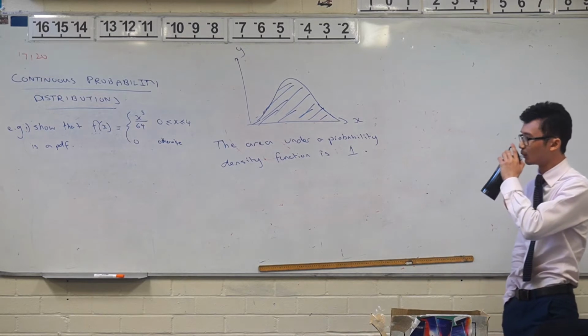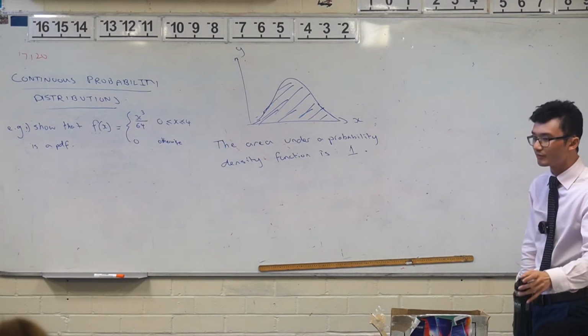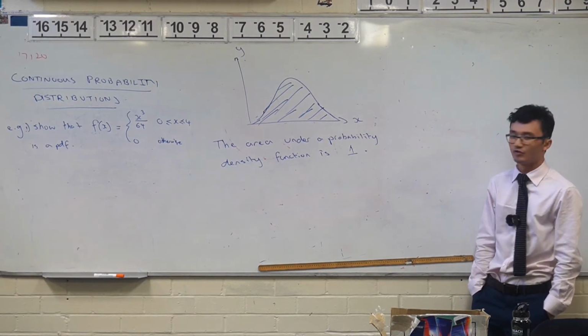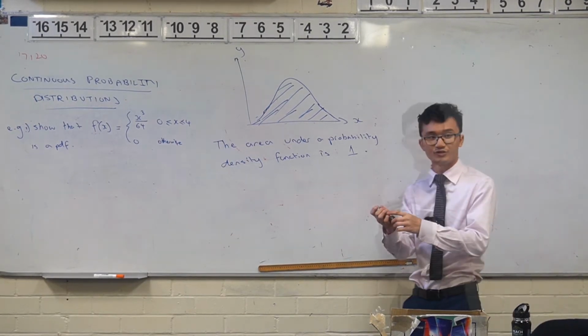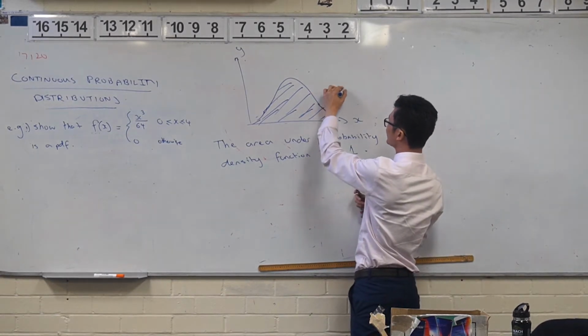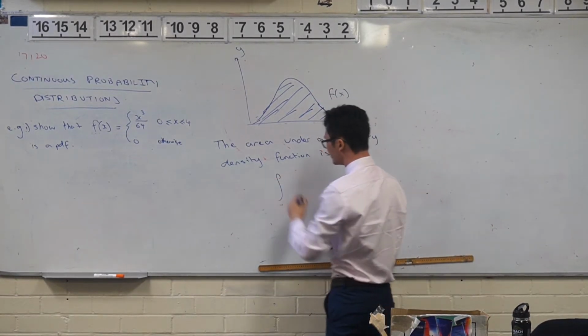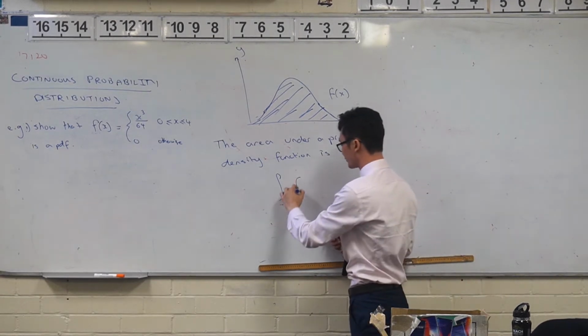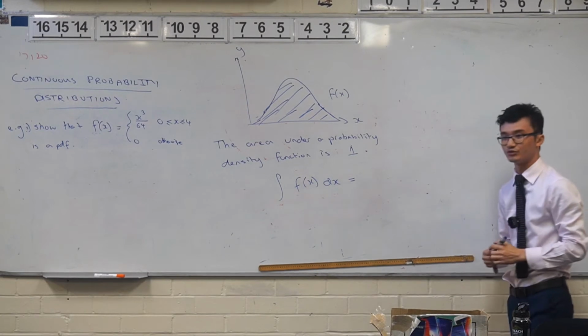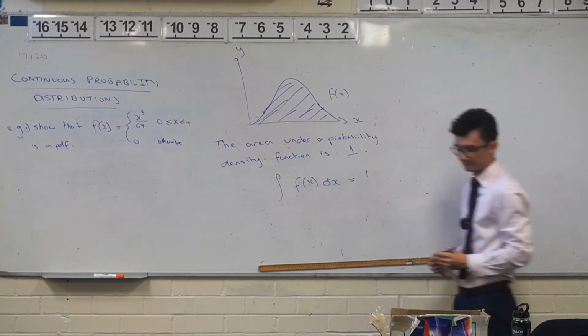Integration. We call it integration. And if you want to think about representing this in terms of our notation, if this is our function f of x, if I'm going to take the integral of f of x with respect to x, we can say that that's equal to 1.